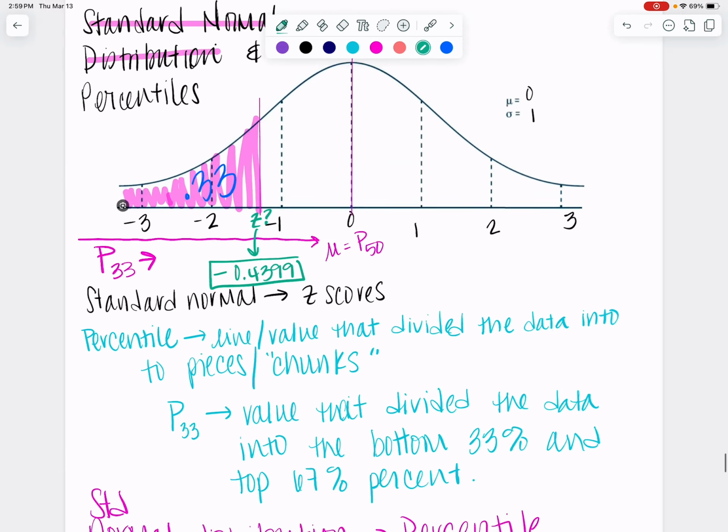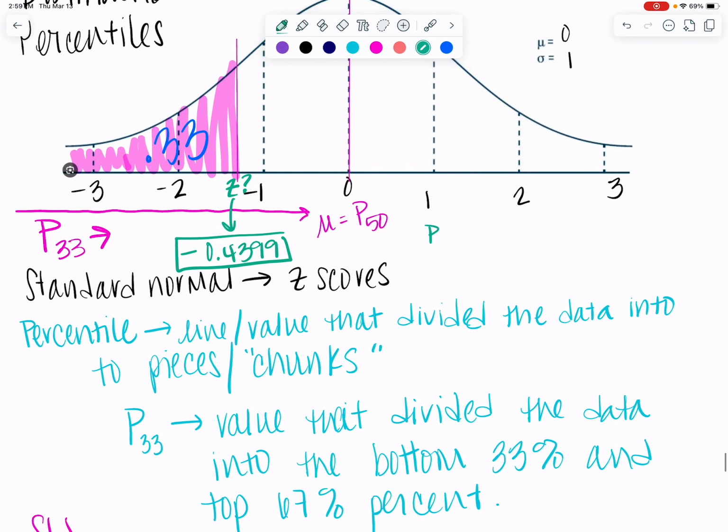And that tells me that the 33rd percentile is negative 0.4399. So 33% of the area lies to the left of that number, 67% lies to the right.